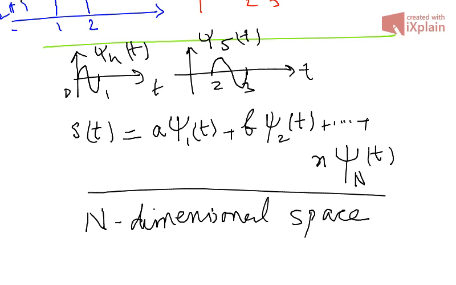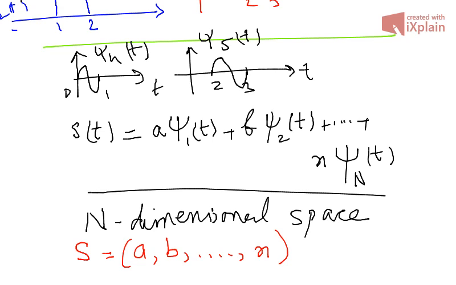If you want to represent it as a vector, the signal vector could be written as a, b, and so on up to n. We can represent this as the signal vector for n-dimensional space.